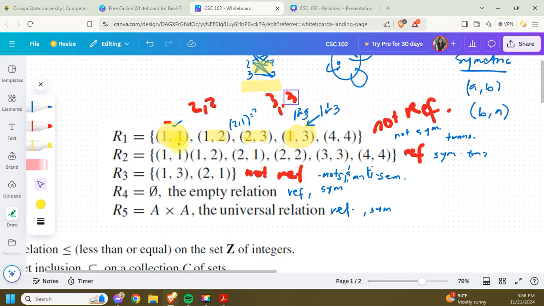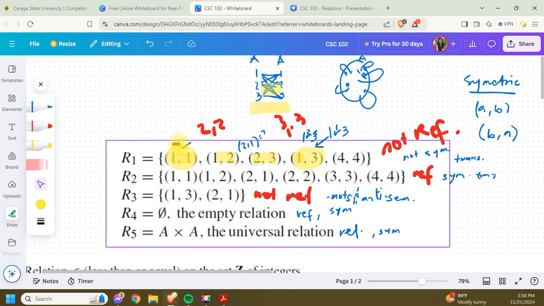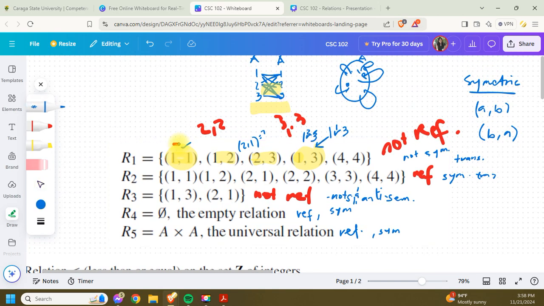So, of course, it's transitive. Okay? So, this is transitive. This is transitive, sorry. And this is not transitive here.